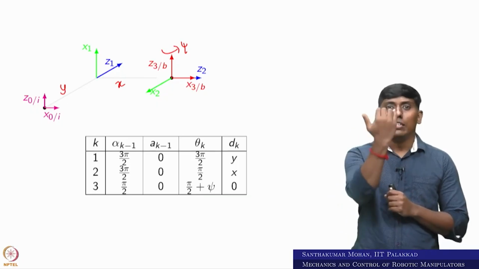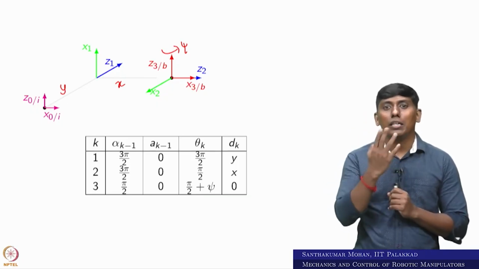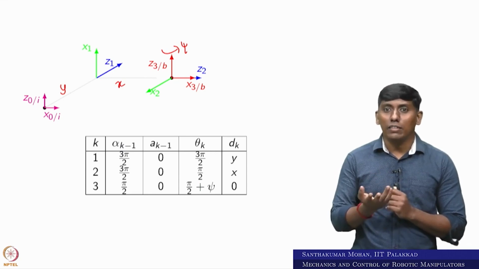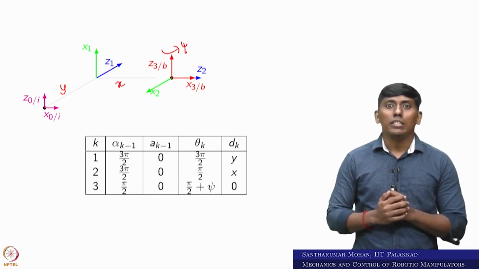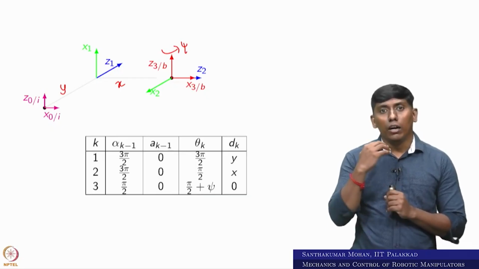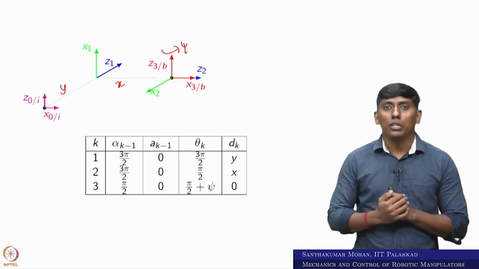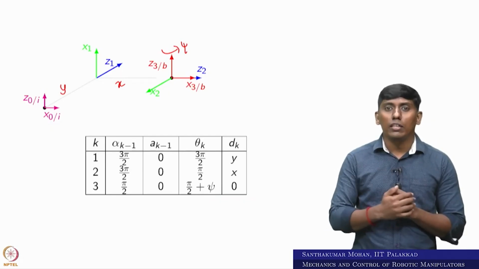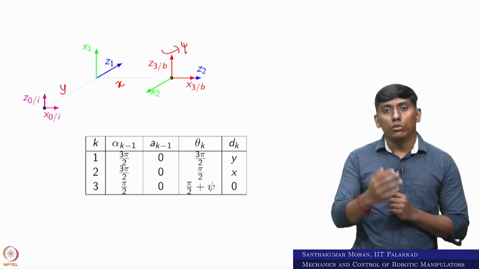You can see it rotates 270 degrees, that is why it is 3 pi by 2. Further, theta k, in this case theta 1: x1 and x0 are related by minus 90 or 270 degree rotation about z1. Like that you can derive all the other joints, 2 and 3.